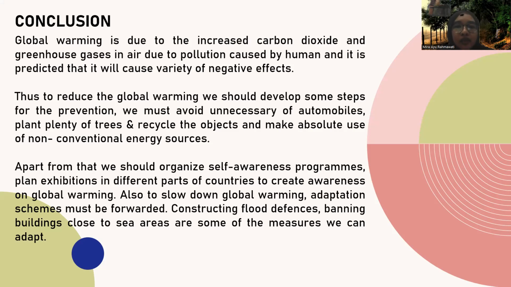We must avoid unnecessary use of automobiles, plant trees, recycle objects, and make use of non-conventional energy sources. And the last, organize awareness programs and plan exhibitions in different parts of countries to create awareness on global warming.